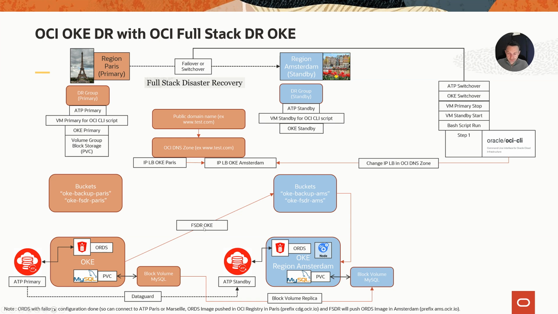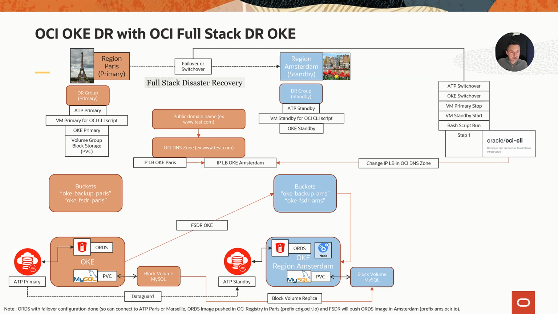So I did a replication of this block volume from the primary region to the standby region. It means that the replication of the data for this PVC in OKE is not under the responsibility of full stack DR, but is just a native feature of block volume replication from region 1 to region 2. Okay?